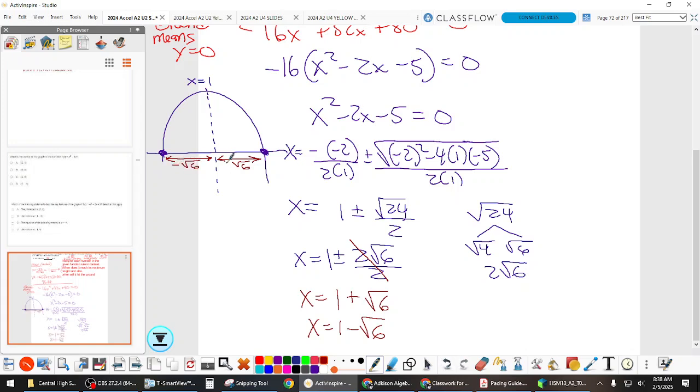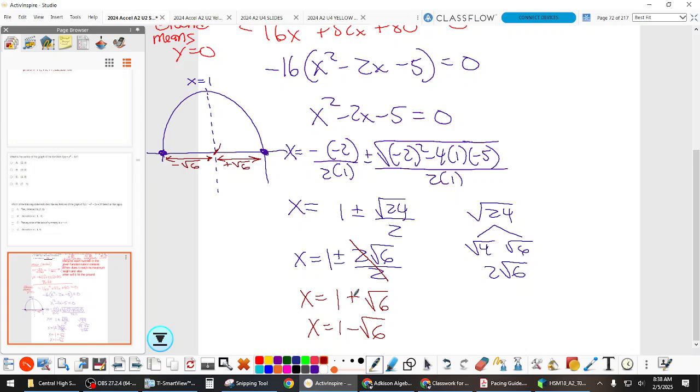So minus and plus. And of course we're starting here at 1. Okay? So what is root 6 roughly? I mean, you're taking a guess, so 2.5 is probably not too bad.